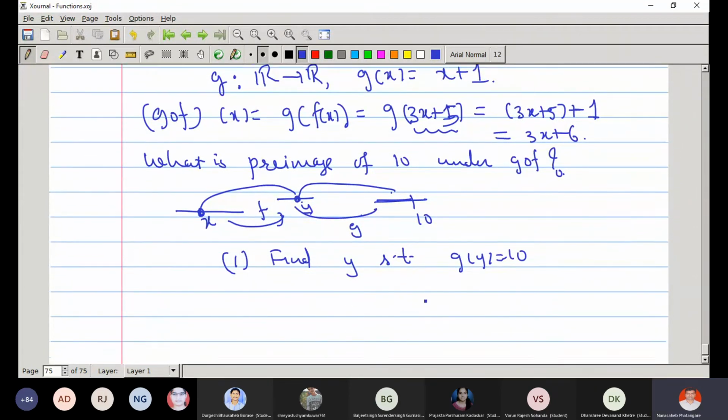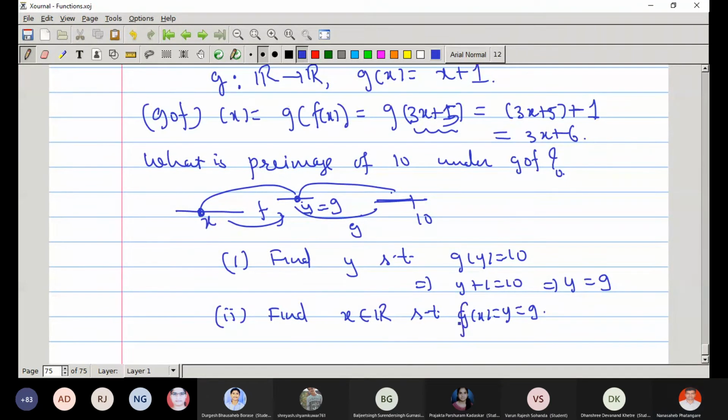What is g of y? That means y plus 1 is equal to 10, and therefore y is 9. So we got 9 here. And what is the next step? Find x in R, the domain of f, such that f of x is equal to y, which is 9.